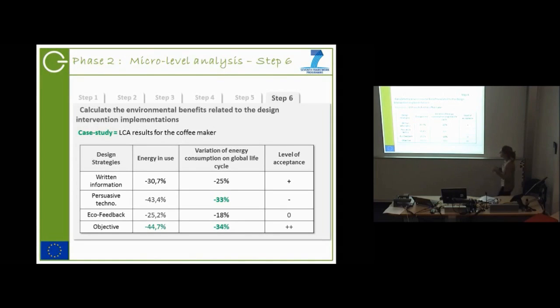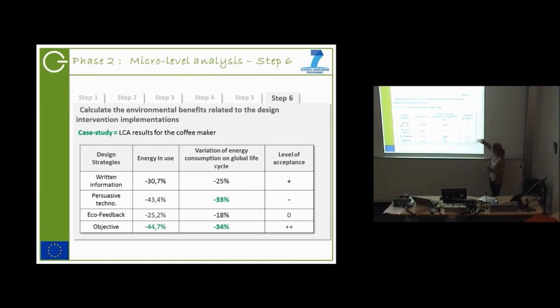So that means that it's still good, because for this indicator, which is energy consumption, we still observe good results. But we also need to have a multi-indicator vision, and it's not presented here, but the designers can have this kind of table in order to decide which strategy is the best.